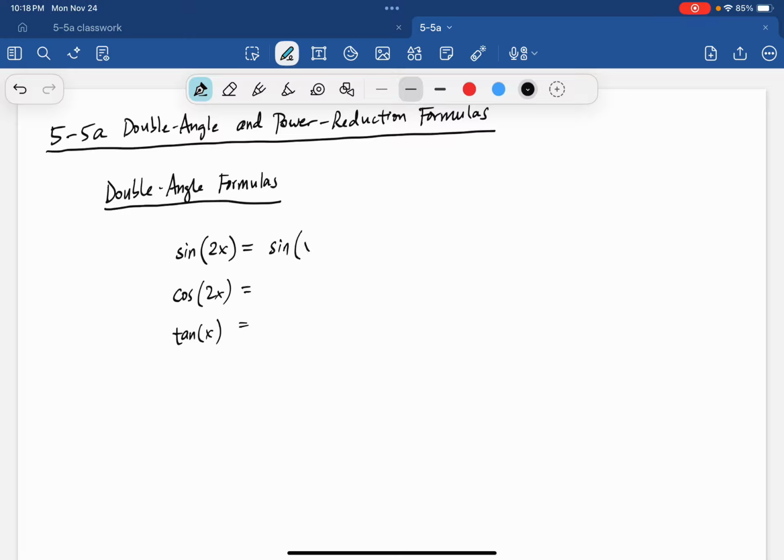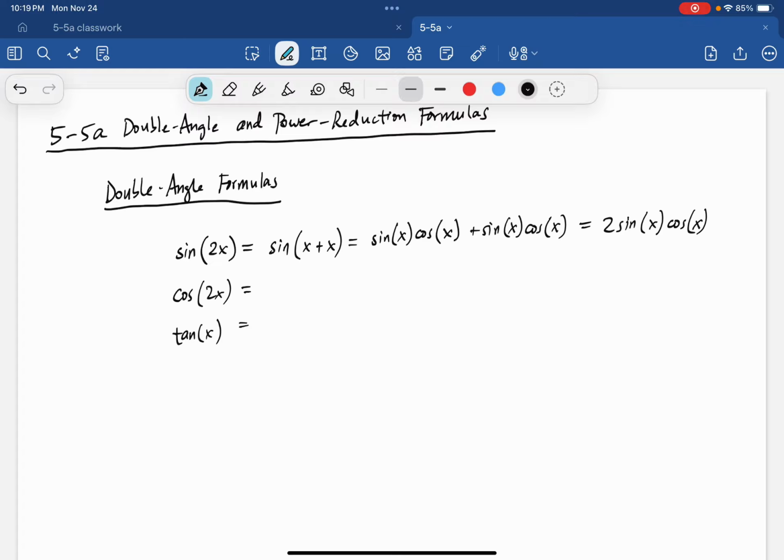Sine of 2x is equal to sine of x plus x, and so that means we can very easily apply the sine addition formula. So sine of x plus x is going to be sine of x times cosine of, not y, but in this case x, plus sine of x times cosine of x, which is really just equal to 2 sine x times cosine x.